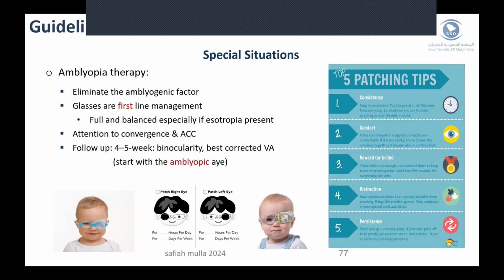So why are we covering the good eye? We need to cover the good eye as a treatment for the amblyopic one. So they don't understand. You have to be careful and draw or give them something telling them to cover the right eye or cover the left eye, so they will know the correct eye that they need to cover.